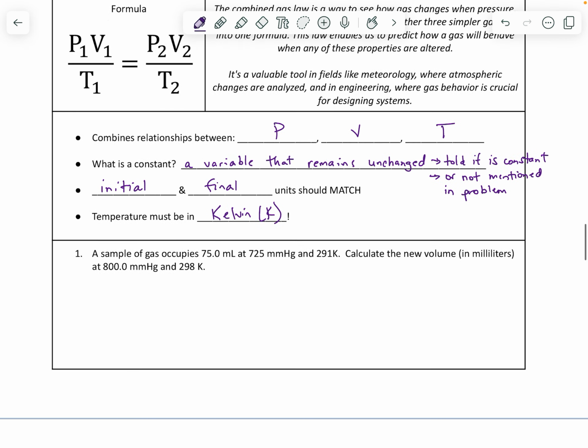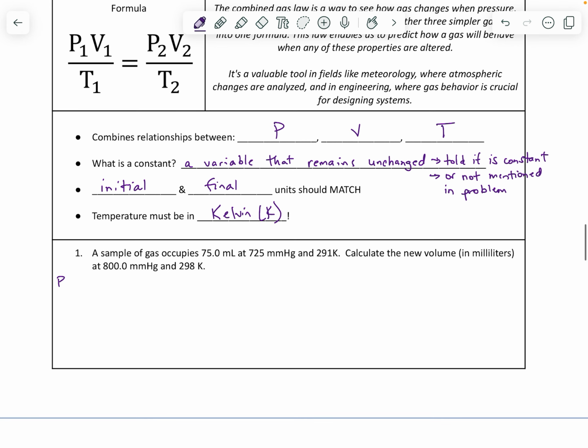All right. And so just make sure that we're identifying the variables that we have, and we're identifying what we're looking for. So what I would usually do is I would take these problems, and I would either label, or even better, do both, write an inventory of all of these starting and ending values, and then identify X, basically, right?